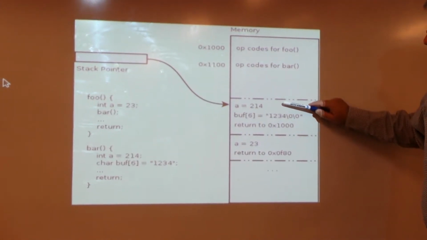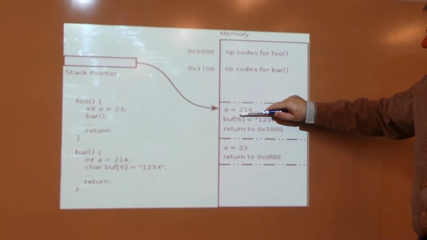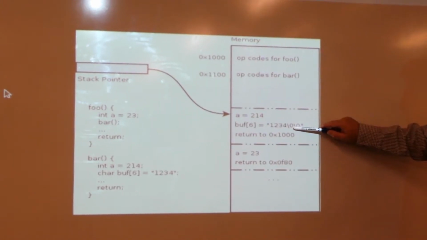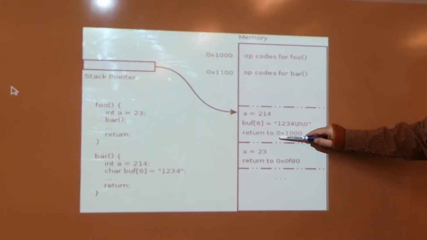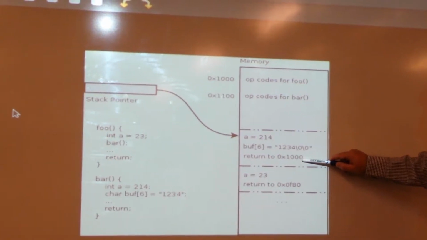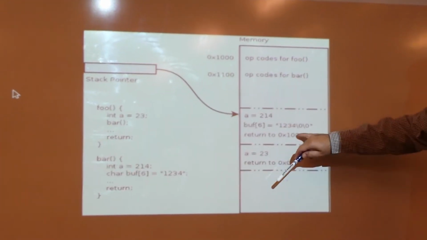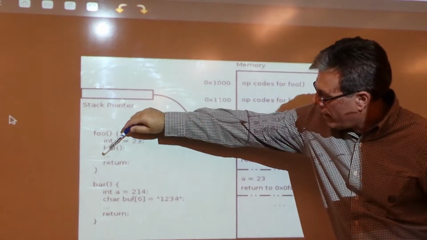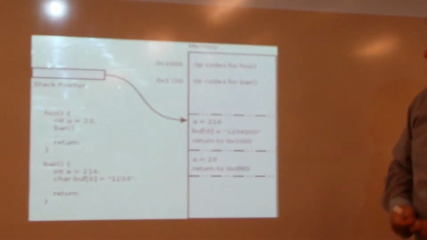We store them on the stack. In this case, for example, I put 214 into this area of memory, and then I've got 6 bytes here, and I store 1, 2, 3, 4, and a couple of null characters into here. And then after all that is a memory address of where I'm going to go back to. Actually, it wouldn't be 1,000. It'd be 1,000 plus some numbers, because I'm going to jump back to right after bar.